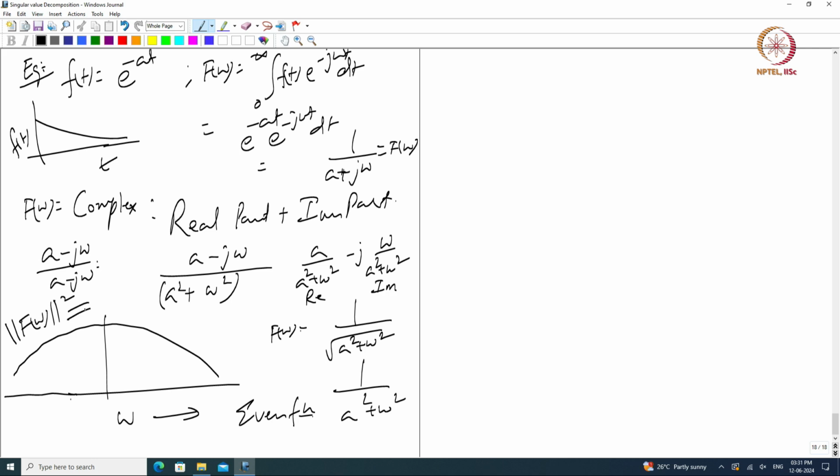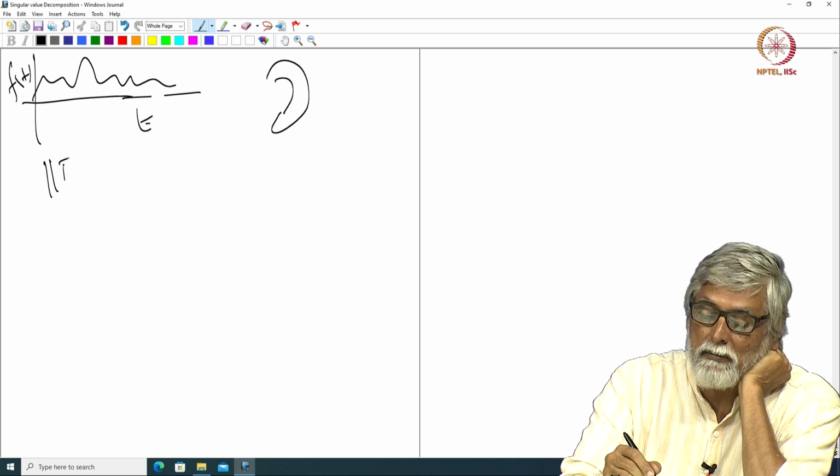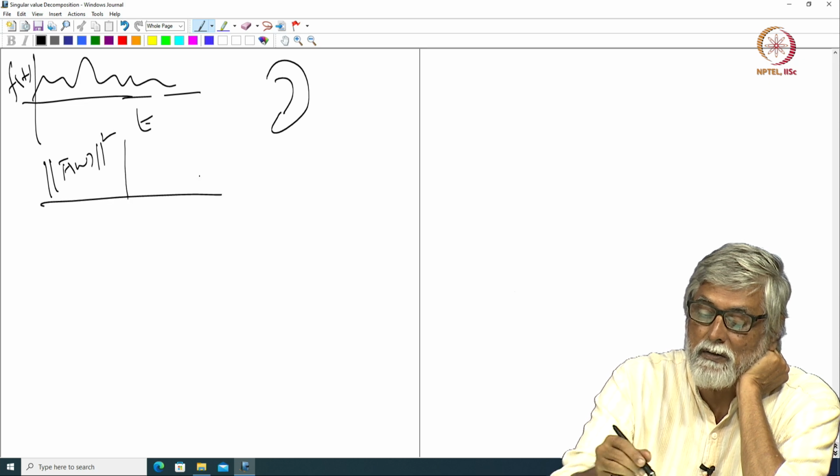Magnitude squared of the Fourier transform is energy function. So, when you are playing music or audio, what the ear is hearing is square of the magnitude of the Fourier transform of this function.